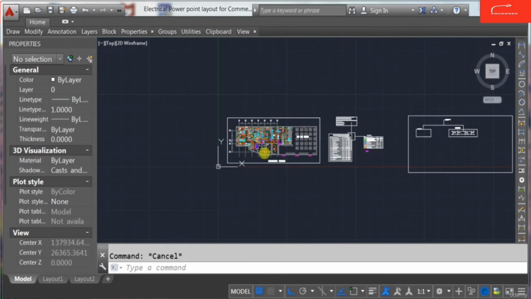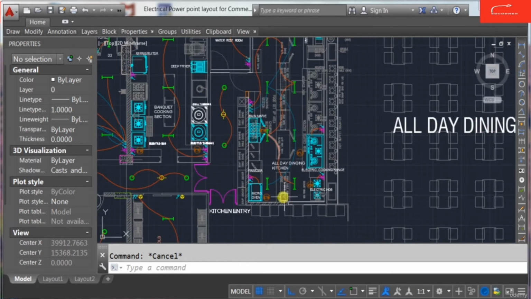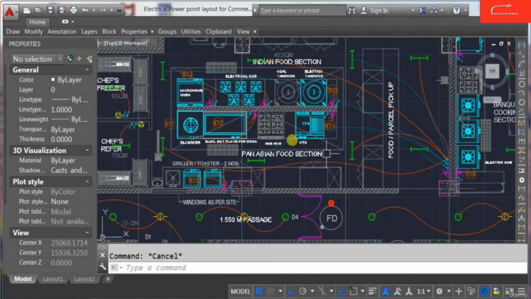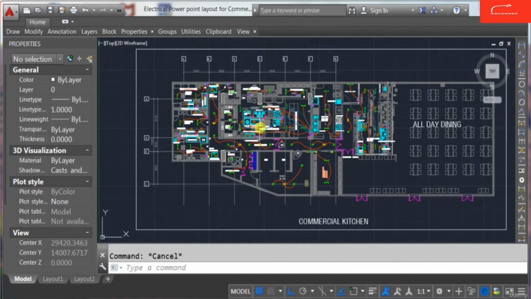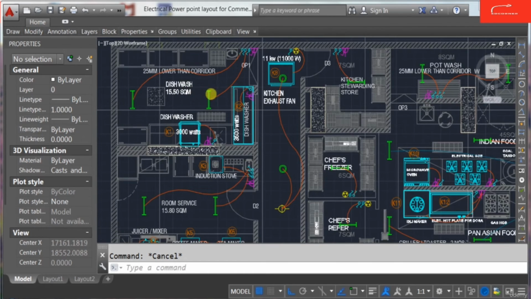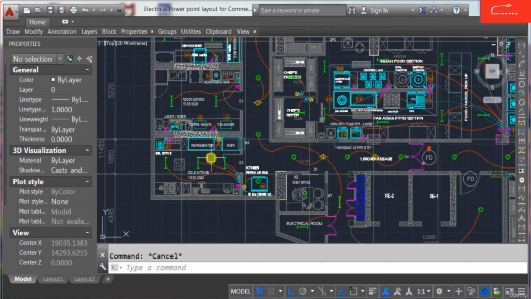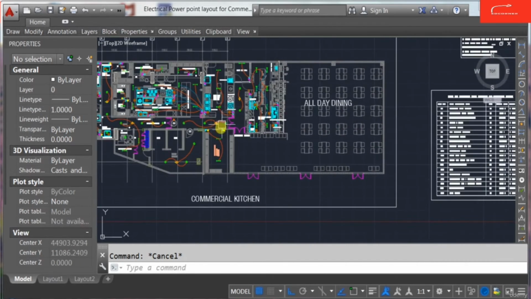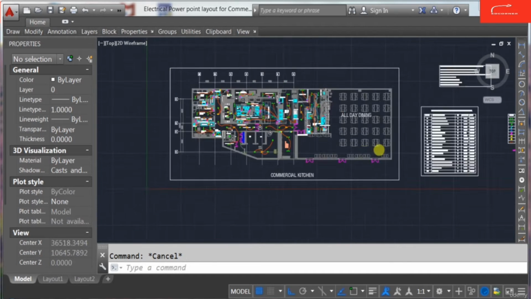So right now we have these three main kitchens, that is all day dining kitchen, banquet cooking kitchen and the main kitchen, and these are the small kitchens like room service, then cold kitchen. So we will make four parts for this entire kitchen.